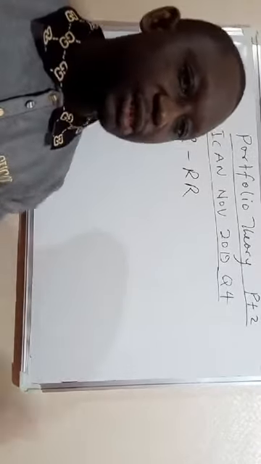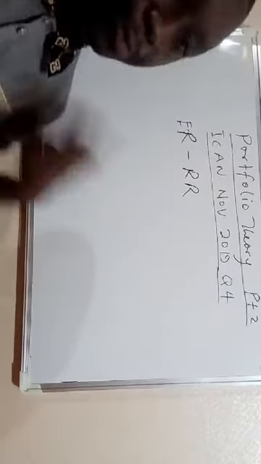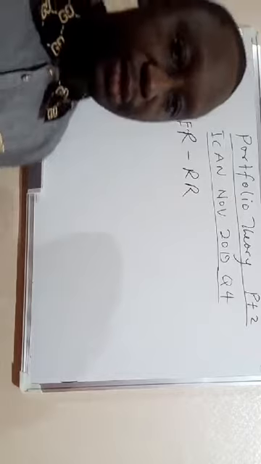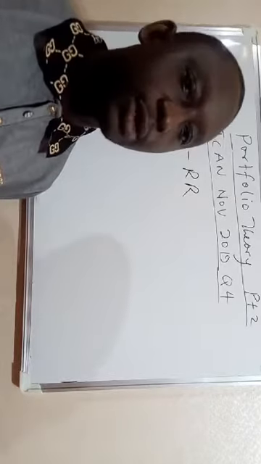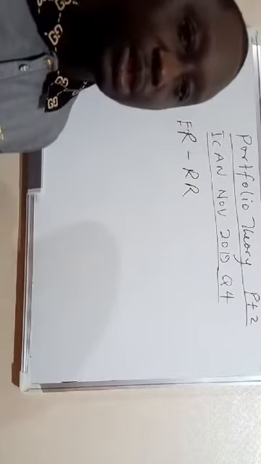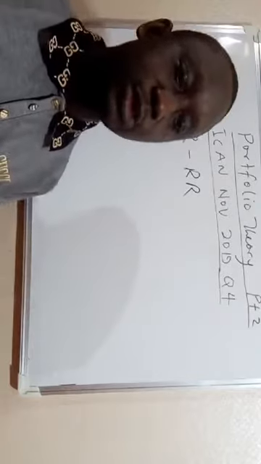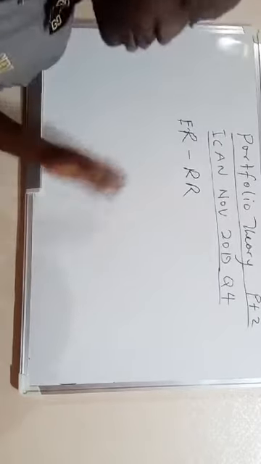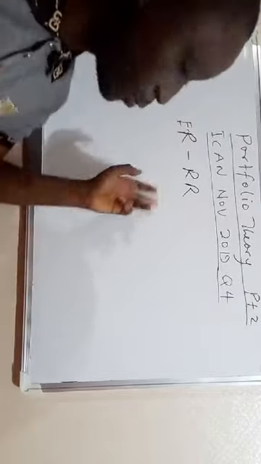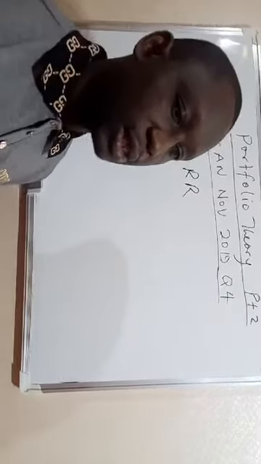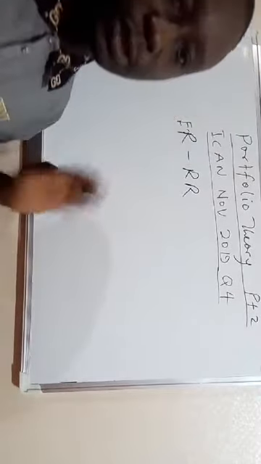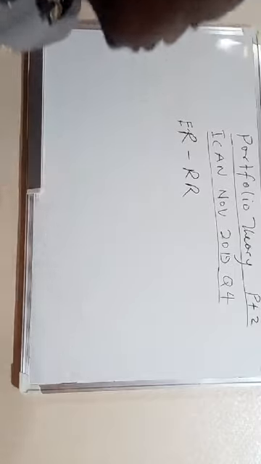It's like a budget, a forecast of the particular return that we are going to get. While the required return is the actual return that we got at the end of the period.